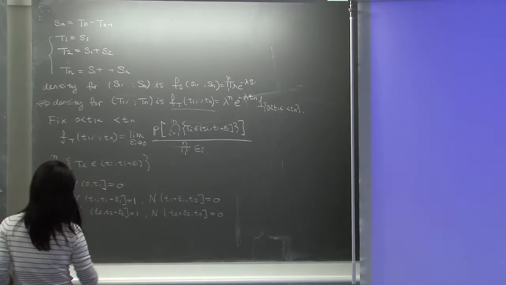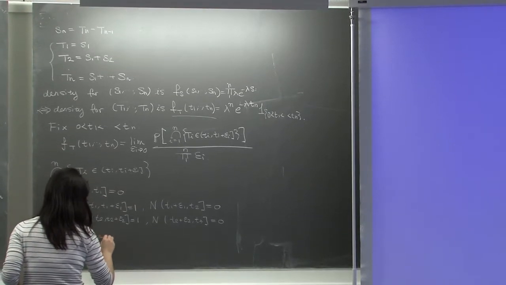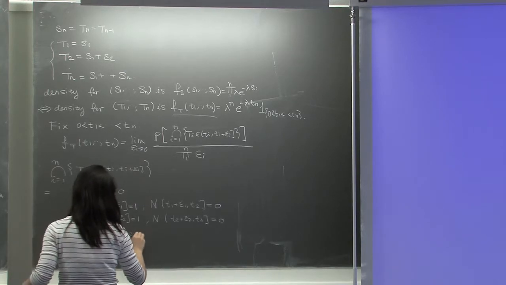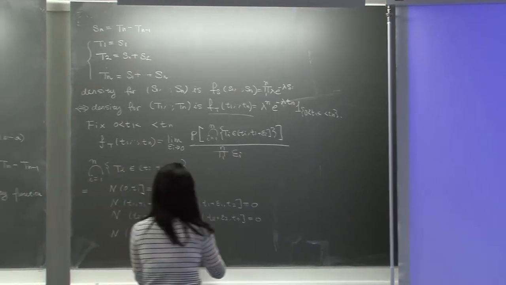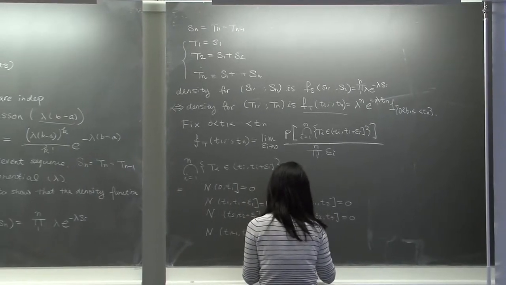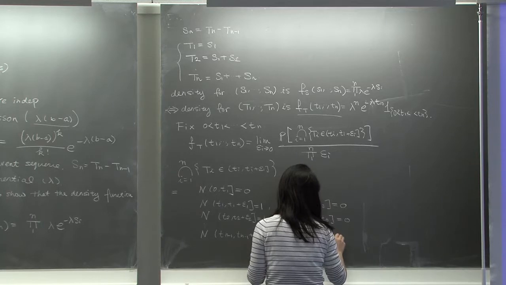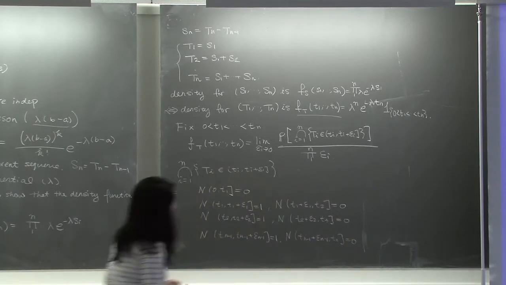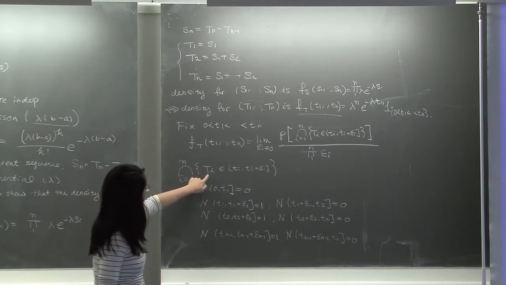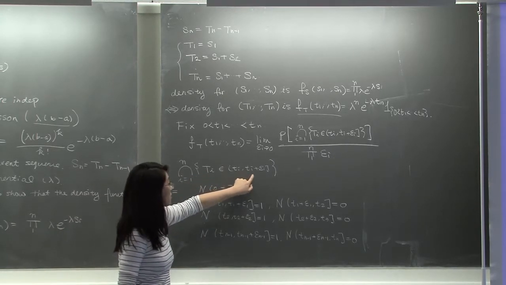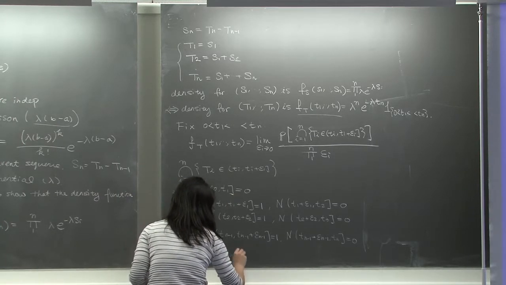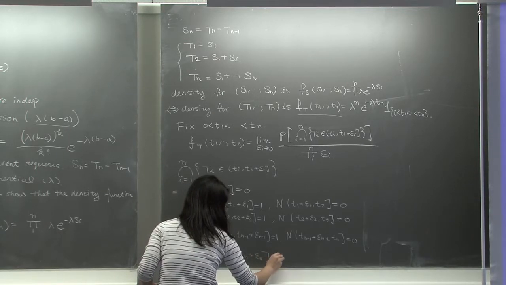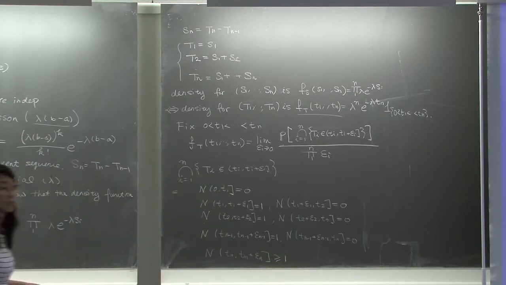And then we continue. So n minus 1 customers arrive in these time intervals, and then for the next time interval up to tn, no one arrives. And the final event is that Tn is in the interval from tn to tn plus epsilon n. This only tells us that in the last time interval we have at least one customer.